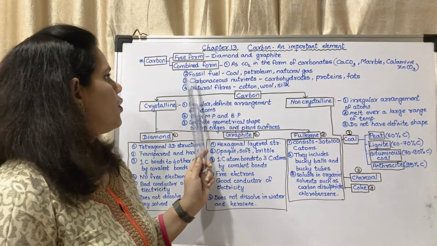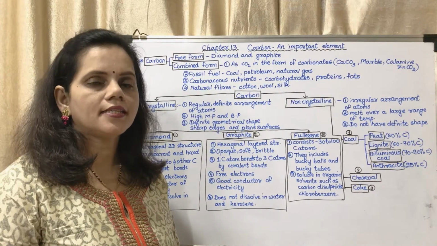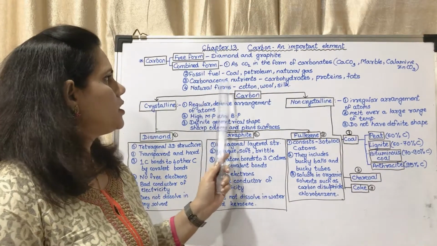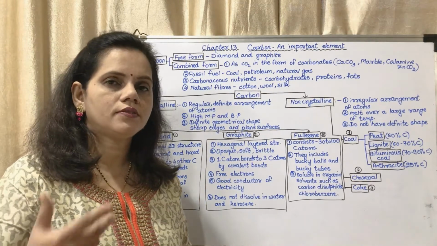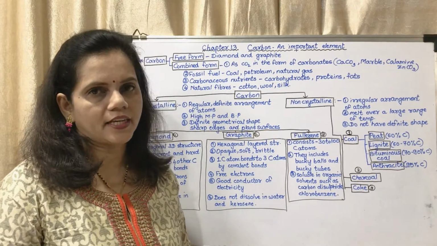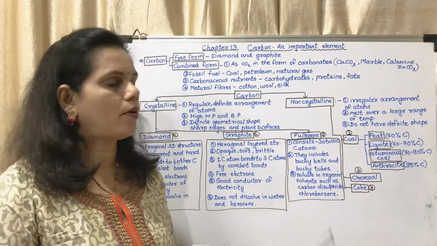Okay. Fossil fuels, coal, petroleum, natural gas, these contain combined forms of carbon. Carbonaceous nutrients, the nutrients which we need like carbohydrates, proteins and fats, contain carbon in the combined form.